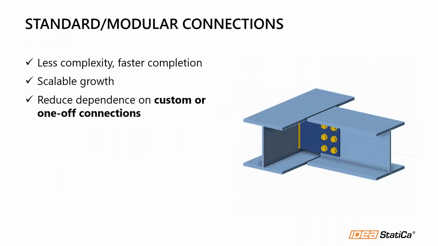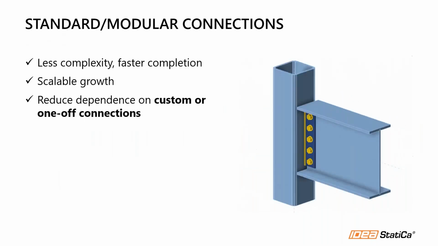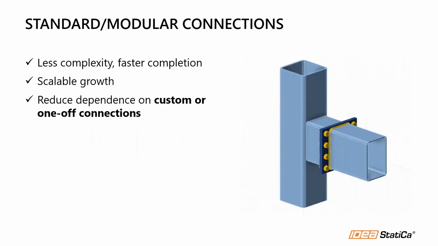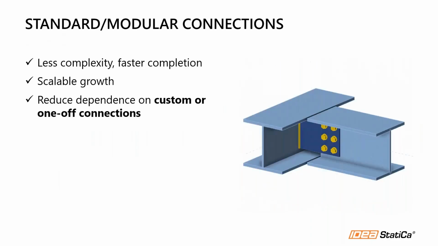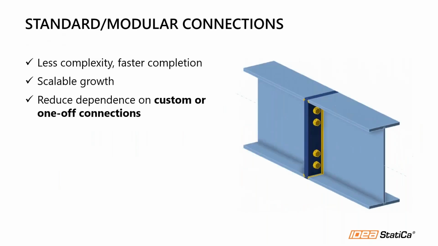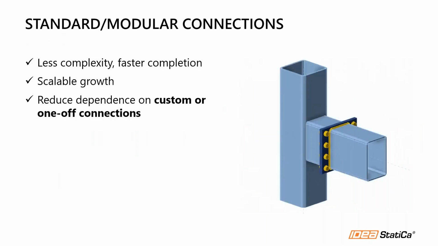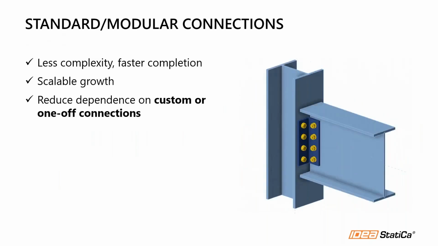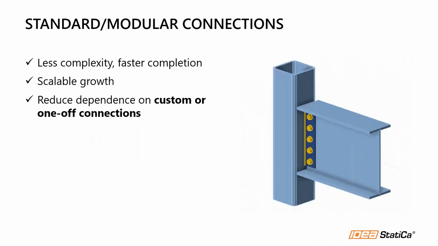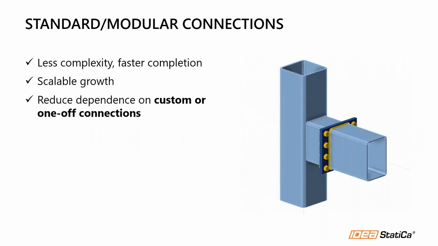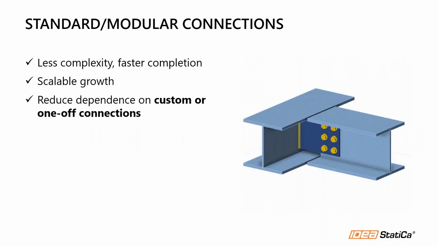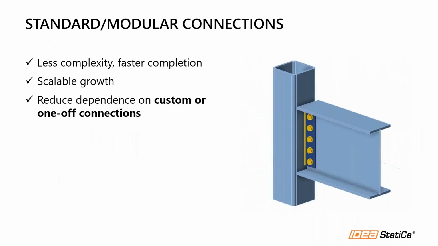They also allow users to take on new projects that can build on verified details rather than starting from scratch on brand new details. Lastly, having your library readily available minimizes the dependency that you will have on those custom or one-off connections, which in turn, again, improves consistency and reduces errors across not only the projects, but across the different teams that you have to work with.